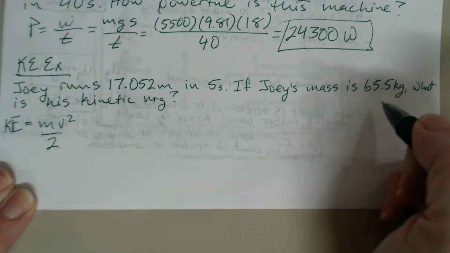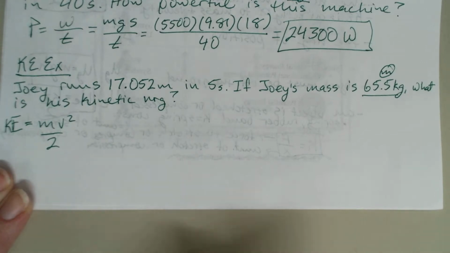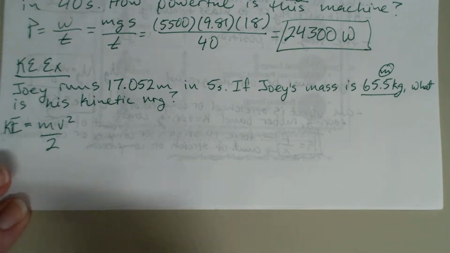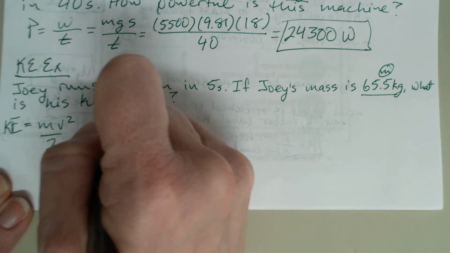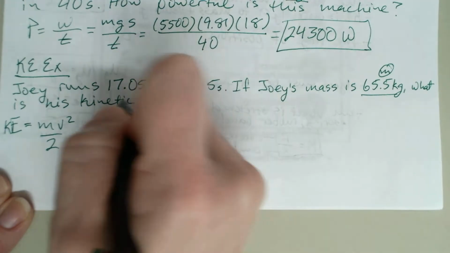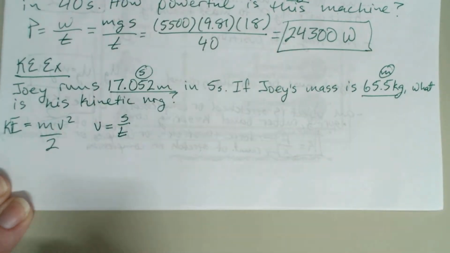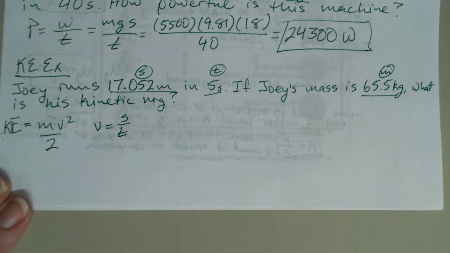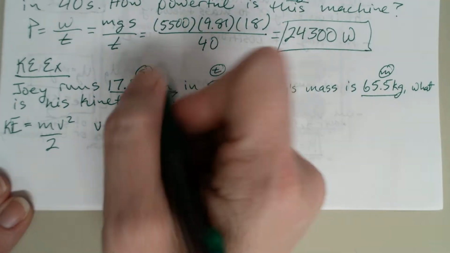I have his mass, but I don't have his velocity. So first I have to calculate his velocity. Velocity is just displacement over time. I have displacement, and I also have time.